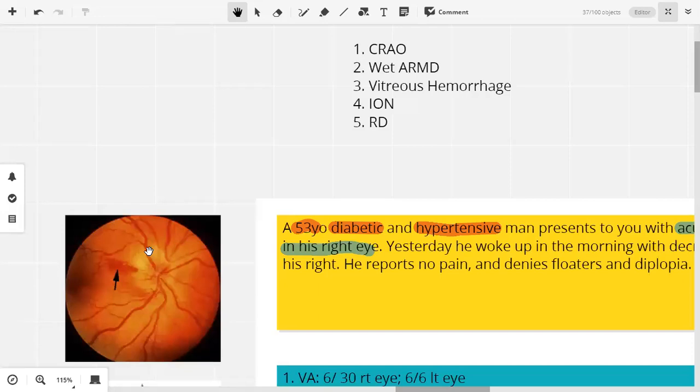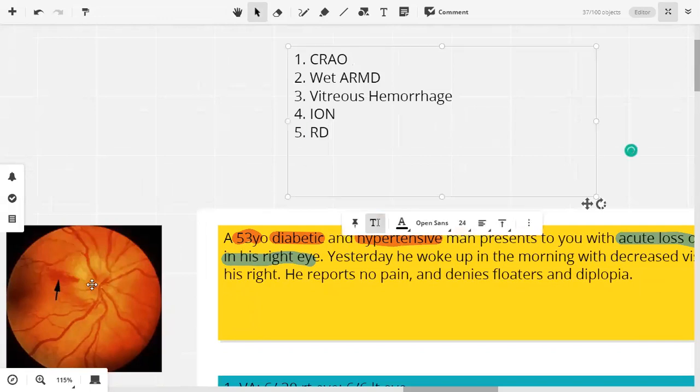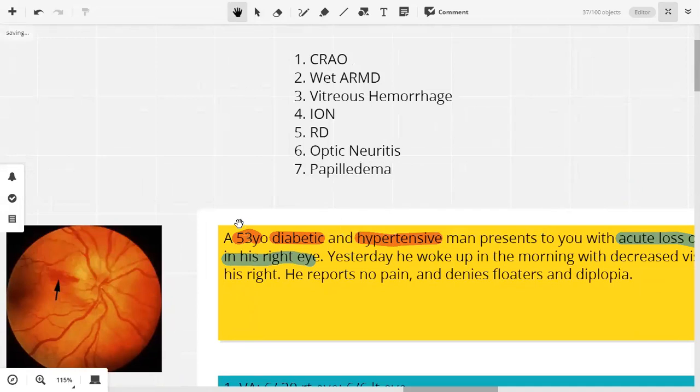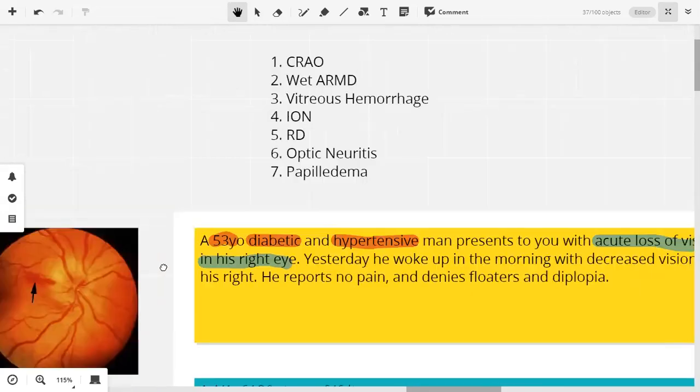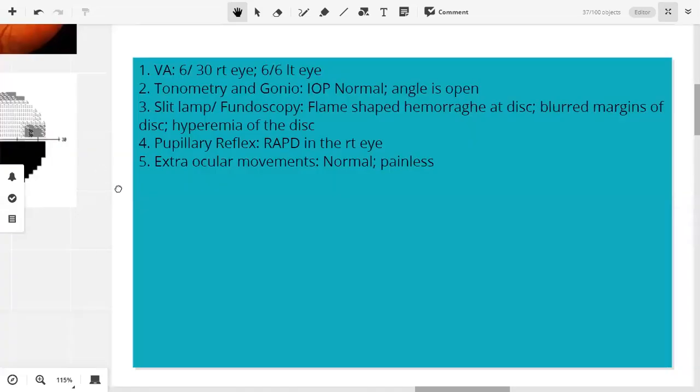The whole retina is pale. But due to the presence of disc edema, we have two further differentials. One is optic neuritis. The second is unilateral papilledema, which can happen if something is pressing only on the optic nerve of one side. How should we investigate this patient?